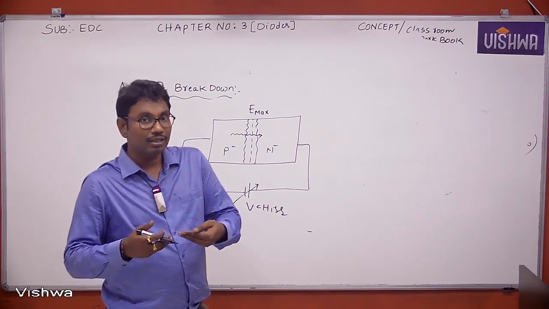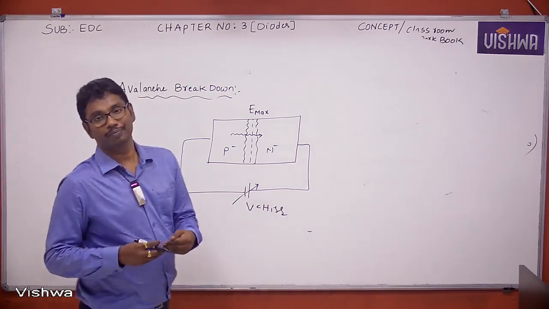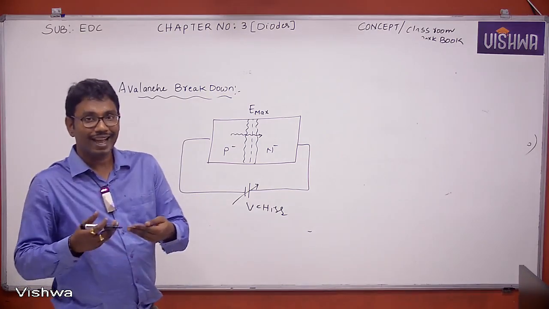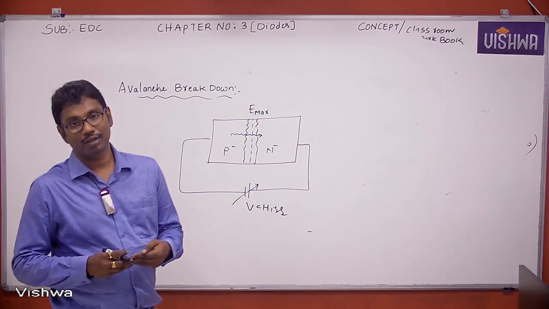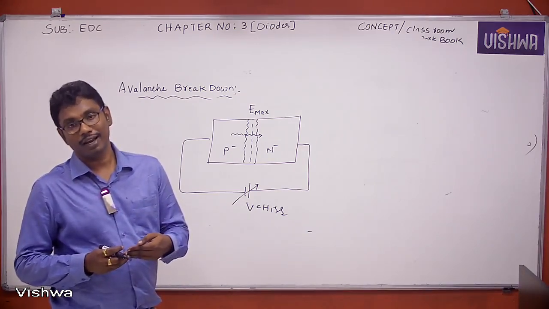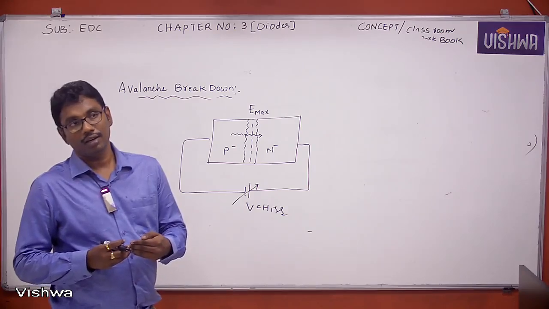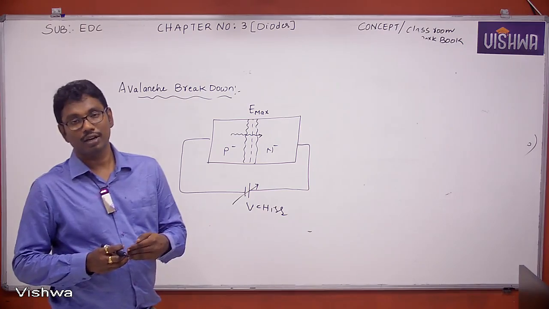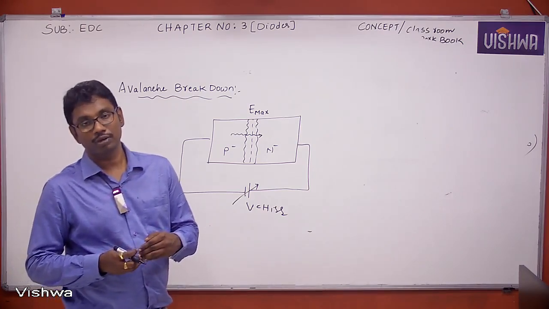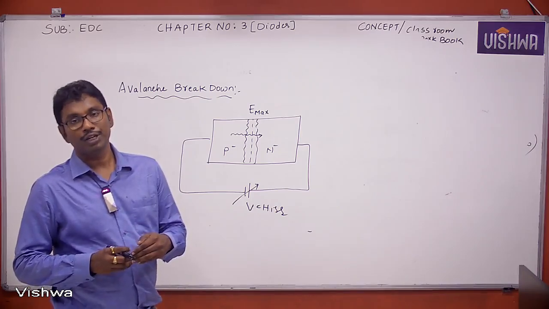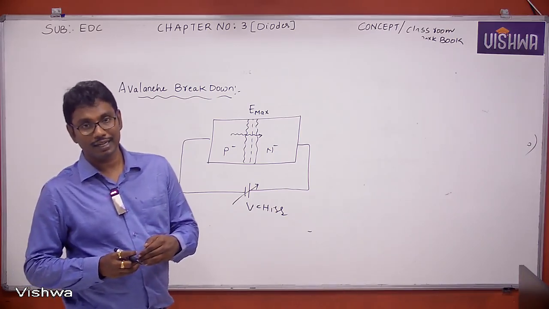Next point, this newly generated electron hole pair gets accelerated, collides with an atom, and produces extra electron hole pairs, due to which current suddenly increases.